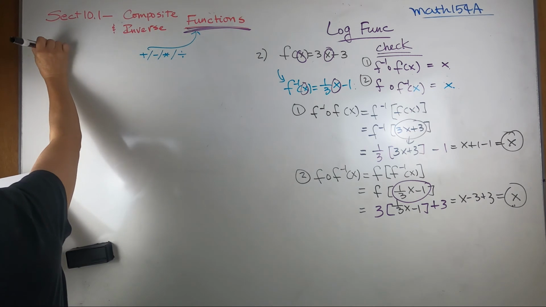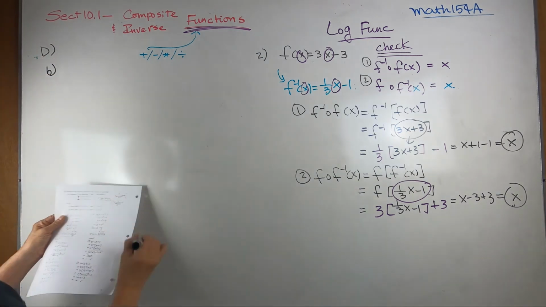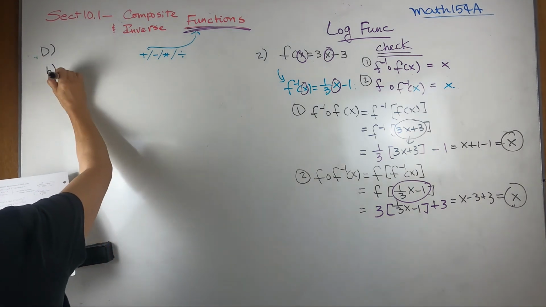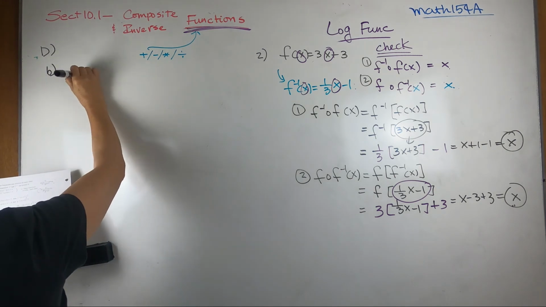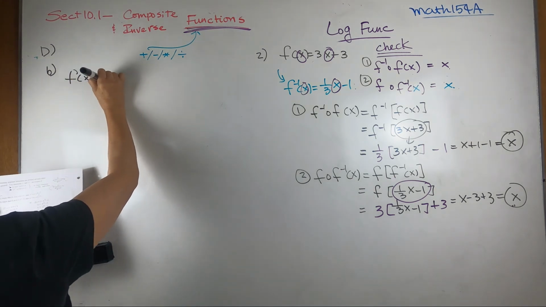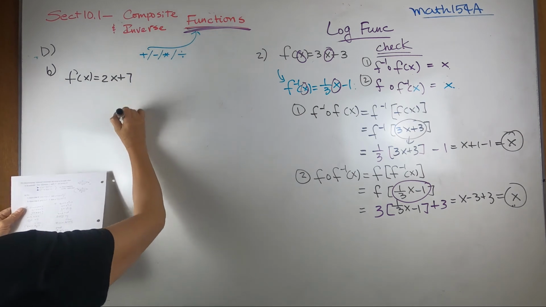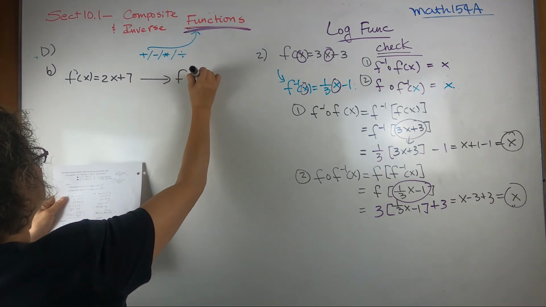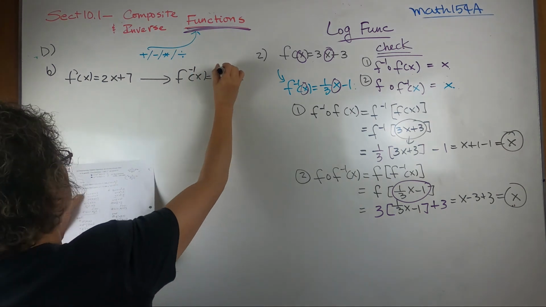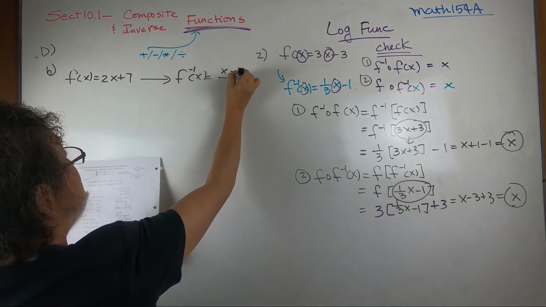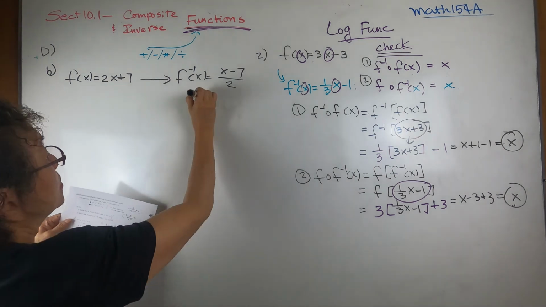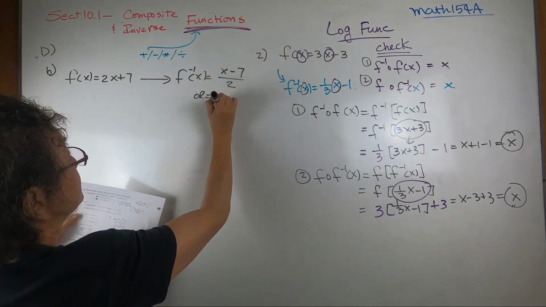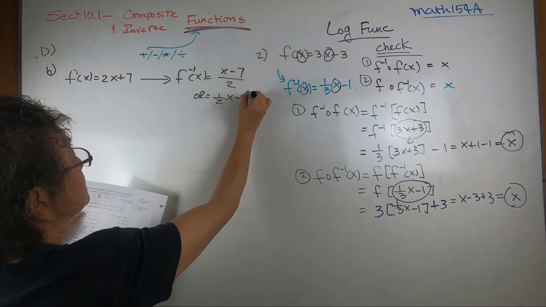So we are here on your page 29. Then do some more of the inverse function. Okay? Let's find out the inverse function of this one. Or you can write half of X minus 7/2.